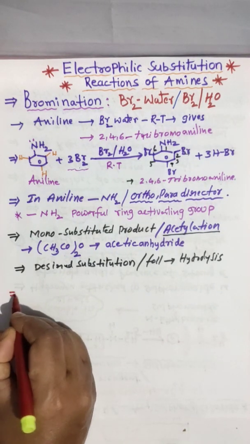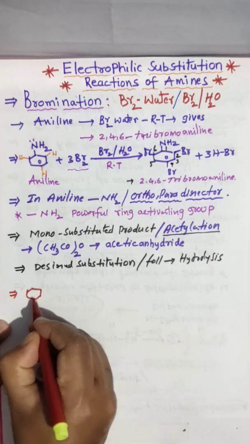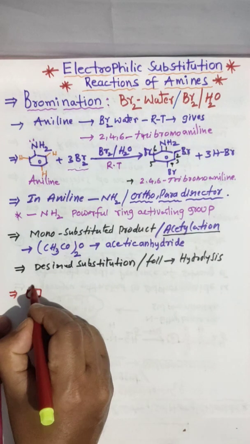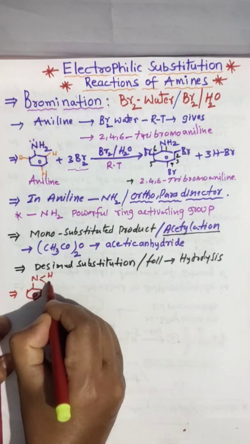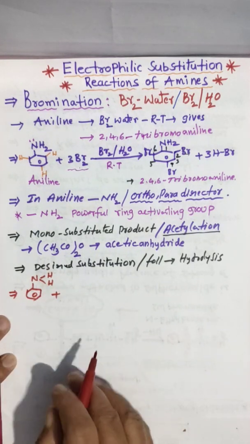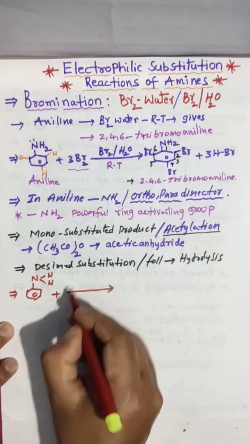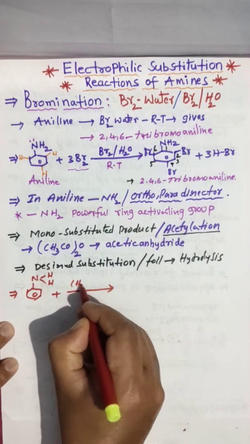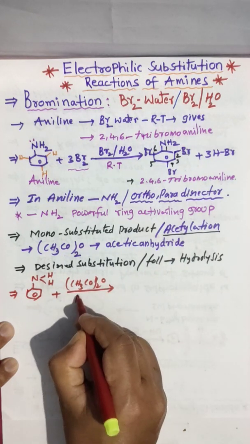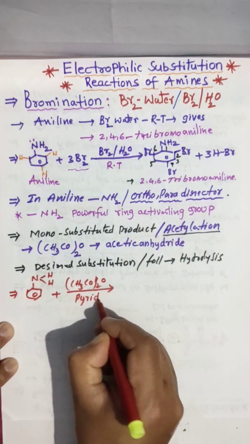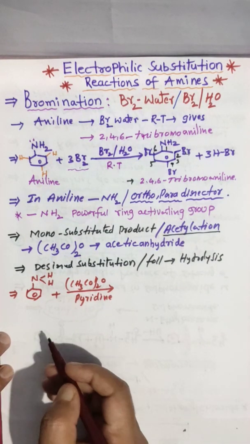Look here, I am taking an example. Aniline, nothing but aminobenzene, NH2, and first you have to treat this with acetic anhydride. You know acetic anhydride? CH3CO taken twice, O, in the presence of pyridine. Pyridine is a base, an aromatic base.